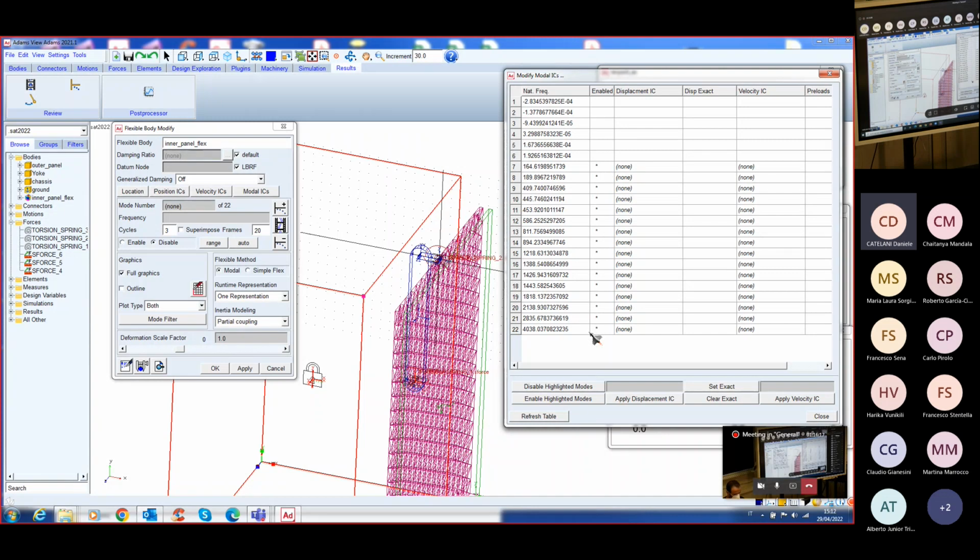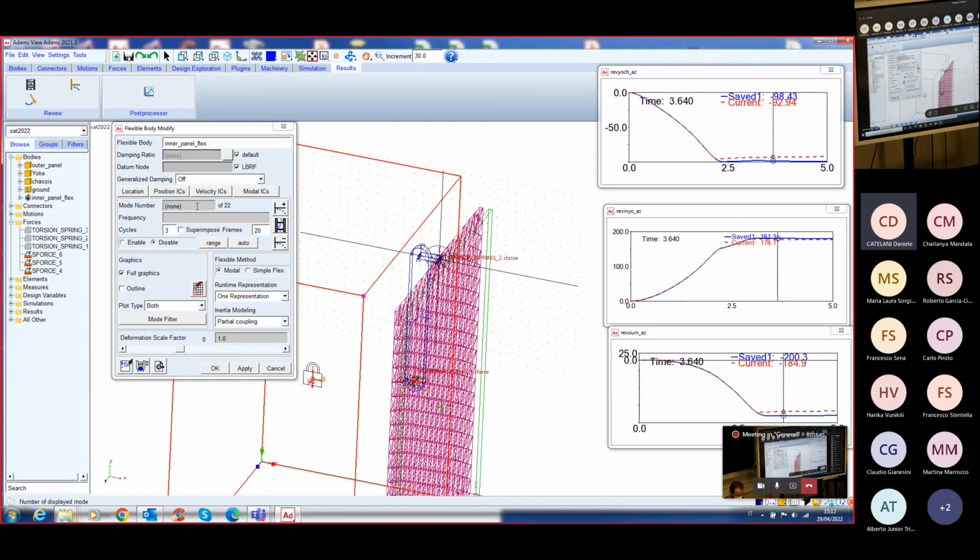I emphasize this point because usually if somebody has not understood this technology, they think that if a mode is bigger than 1000 Hz, I don't need it. No, completely wrong. This high level of frequency is important because you have a joint here, and the joint activates high level of frequency. This is the numerical information.